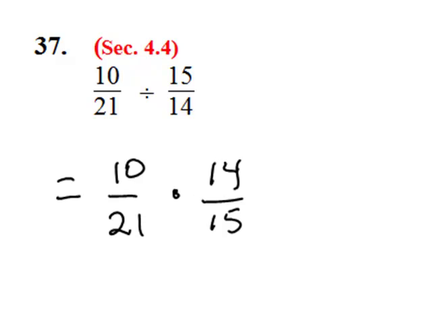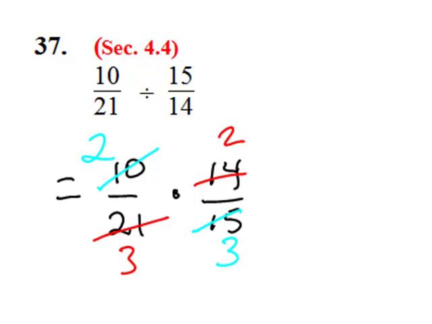And now we do just as we did in the previous, where we try to simplify by numerators and denominators only. With 21 and 14, we can factor out a 7, and we're left with 3 in the denominator there and 2 when we divide out 7 from those. And in 10 and 15, we're going to divide out 5. 5 into 10 goes 2 times. 5 into 15 goes 3 times.